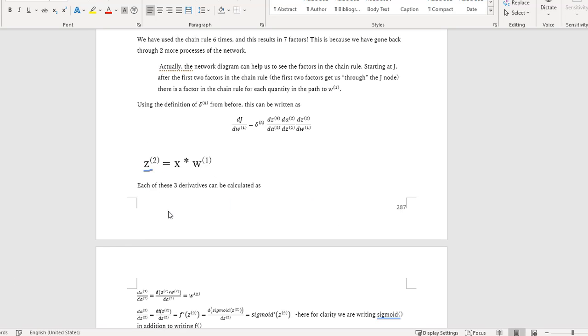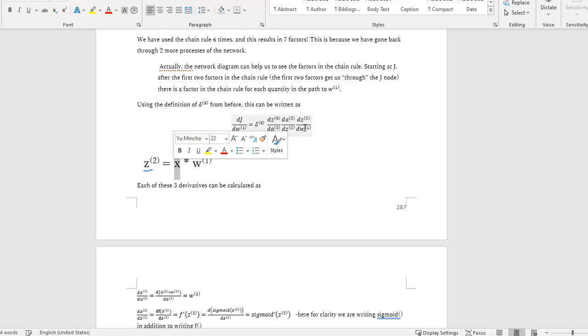Now, if we take the derivative of Z2 with respect to W1, so don't think of this as the variable. Actually, usually we think of X as the variable, but here we're talking about the variable being W1. So don't think of X as the variable. In fact, think of this as like the constant. So the derivative of this thing, if this is a constant with respect to W1, is just this X, this constant.